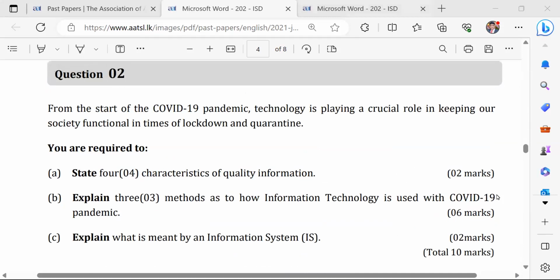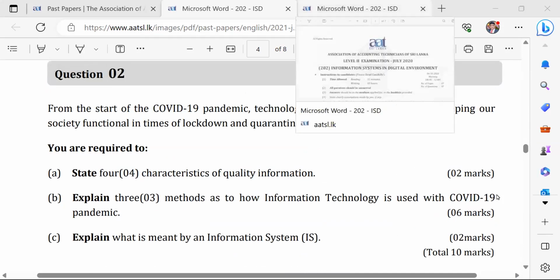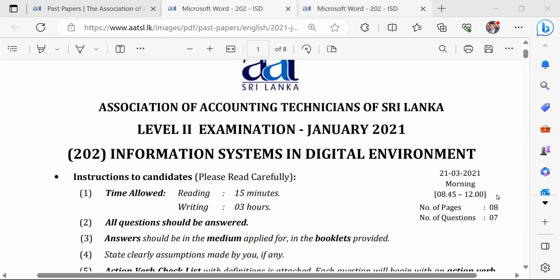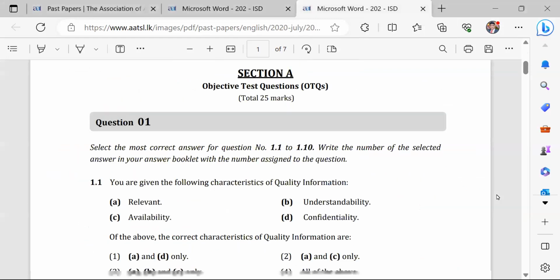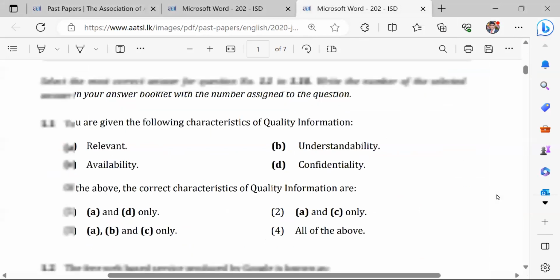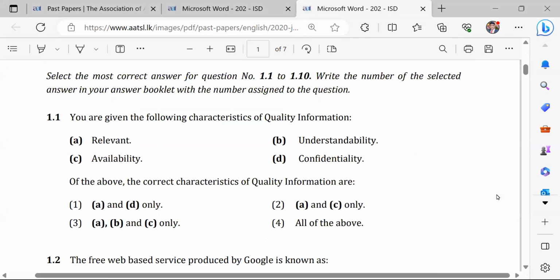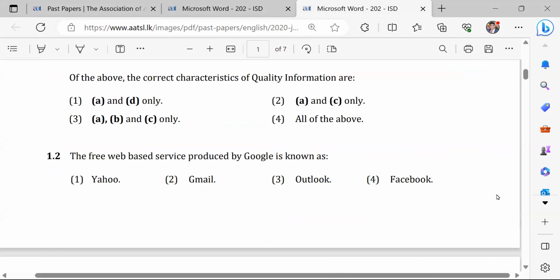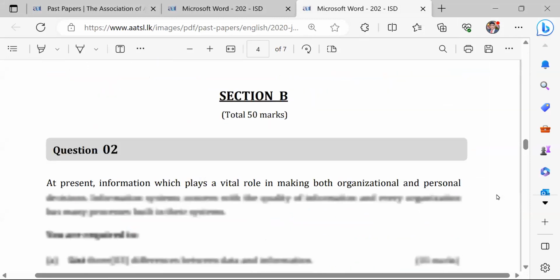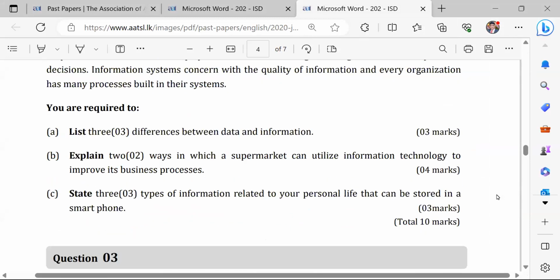Another question, this is from July 2021. It's also the same, about characteristics of information systems. Here it is asking for 3 differences between them.